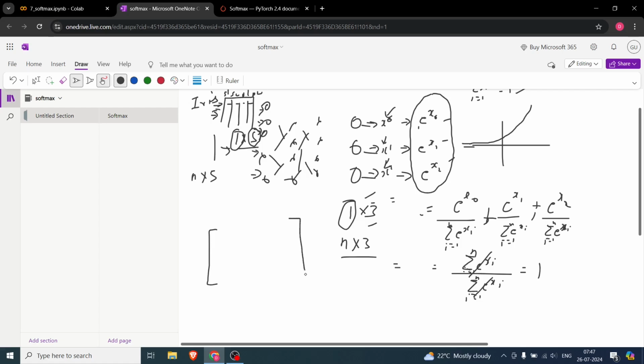So I'm going to say n rows, n cross 3. Why? Because every row is an example, and in each row there are outputs of 3 neurons. So x1 x2 x3, same thing for the second row, you'll have x1 x2 x3, and so on and so forth for n rows.